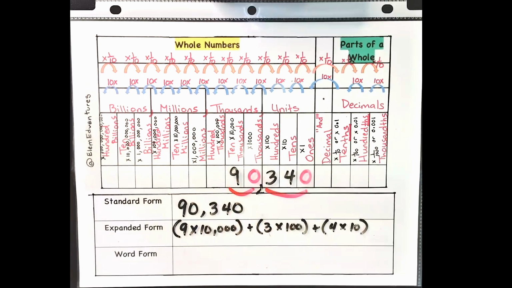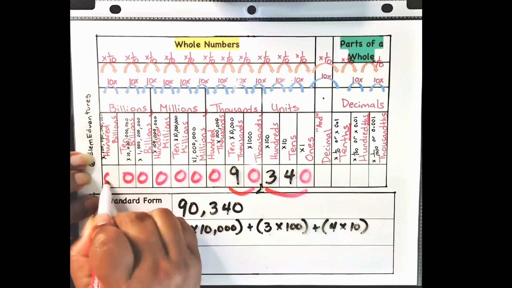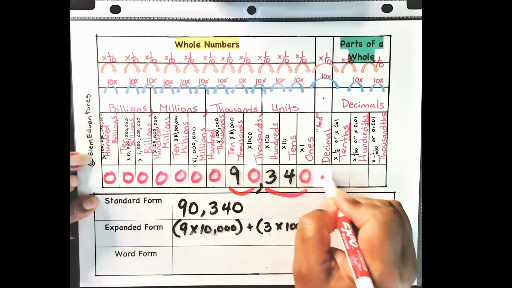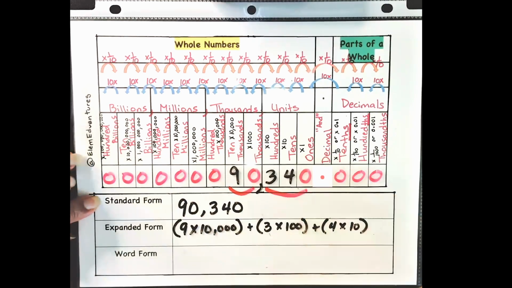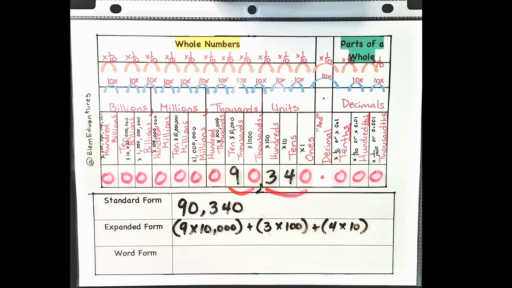If you're wondering, when can we fill the gaps with zeros? What about all these other gaps in these other place values? Well, the truth is, we can put zeros in all of those place values. This number remains 90,340 even if I put zeros in all the place values that have no digits.